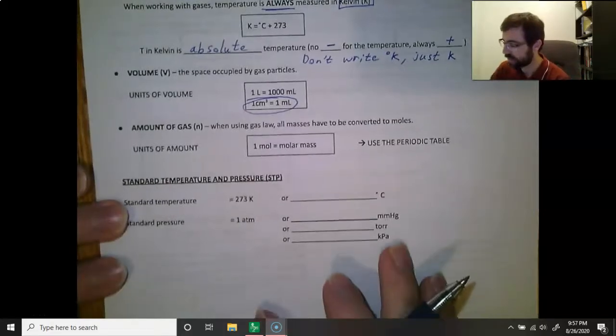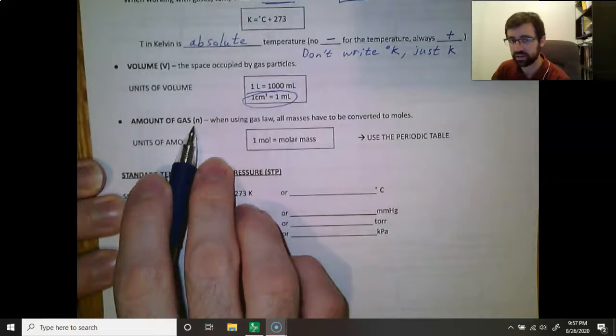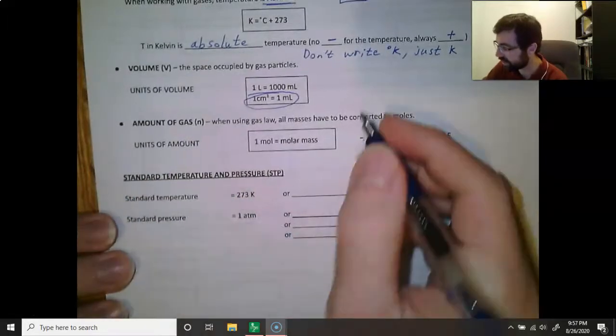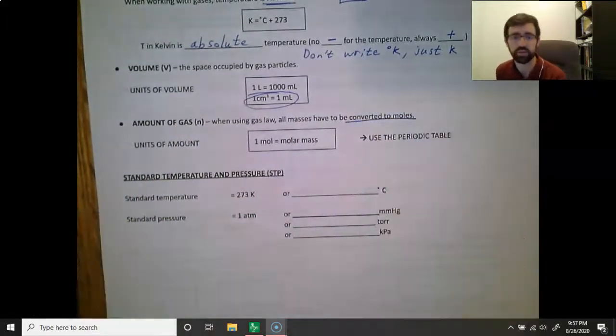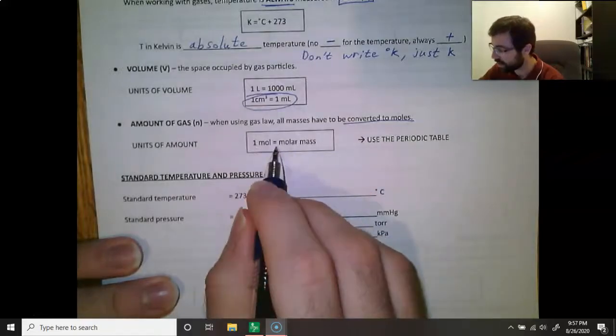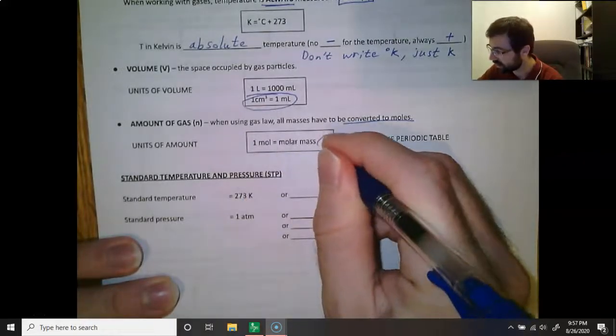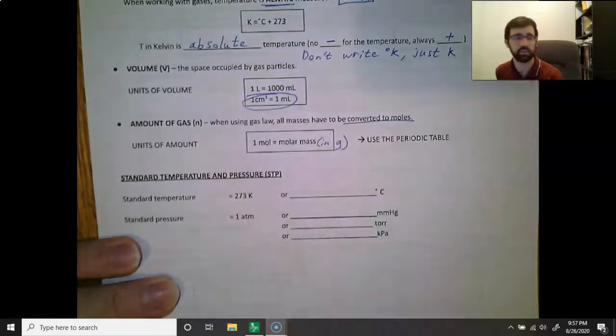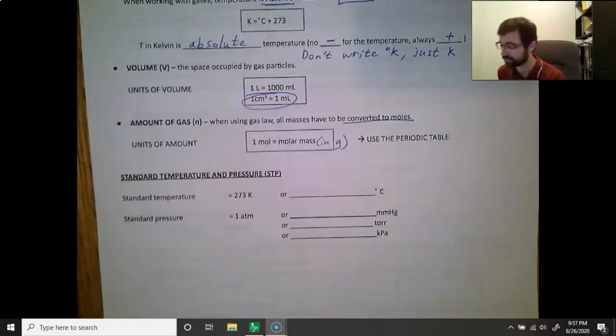Okay, the amount of gas, we measure that in moles. We've got to convert to moles if we want to use our gas laws. To convert to moles, of course, we're going to use our molar mass, because 1 mole equals the molar mass in grams. We use the periodic table to find the molar mass if you didn't remember that.